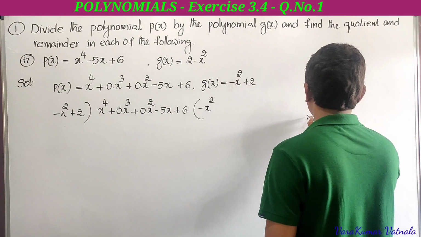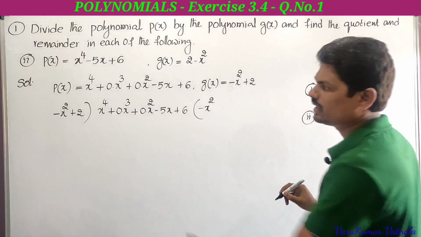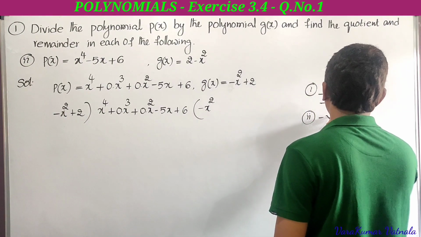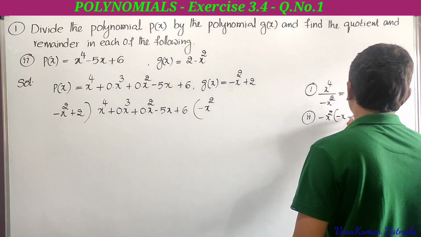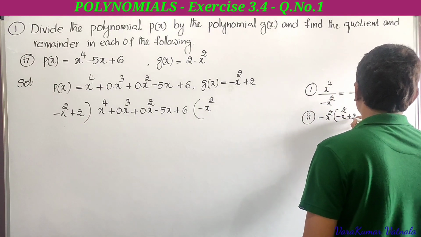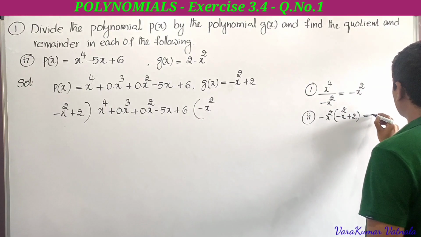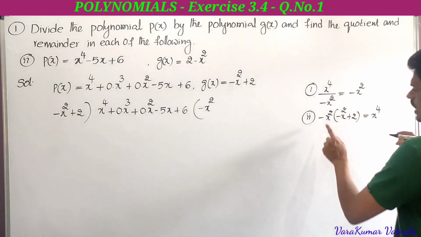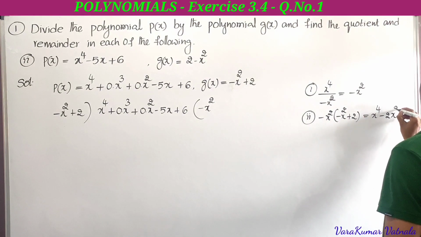Next, in the second step, multiply the divisor with minus x square, that is minus x square into minus x square plus 2. Here minus x square into minus x square gives x to the power 4, and minus x square into plus 2 gives minus 2x square.